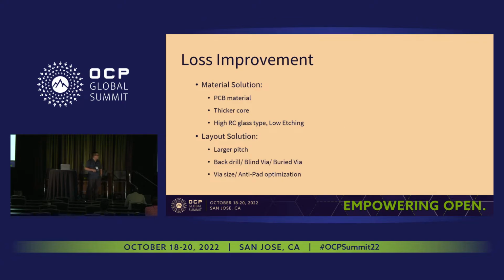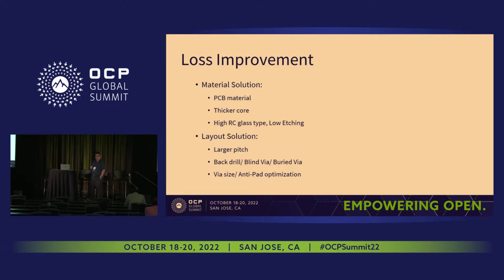Except for the PCB material, you can think about the same material with a different stack-up, which still has a chance to improve the loss of the PCB. With a thicker core, you can have lower loss. However, the thicker core means the signal trace needs to be wider to maintain the same impedance control.